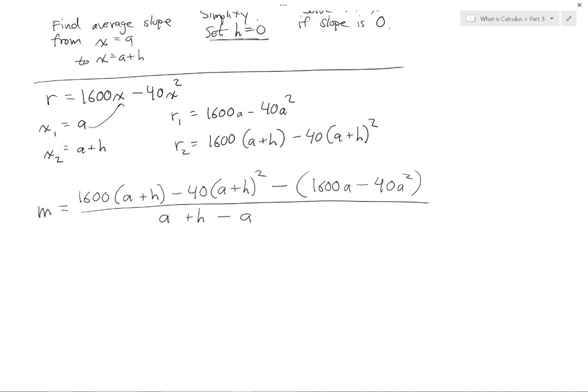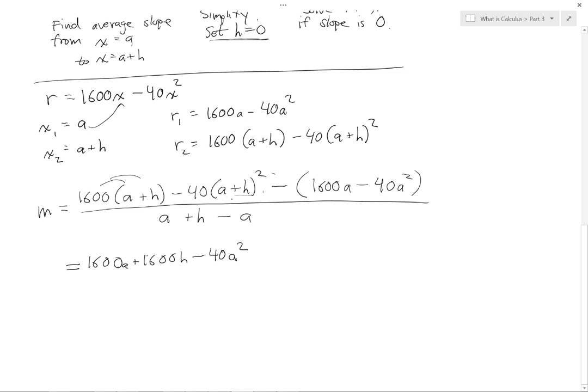All right, let's go ahead and see what this comes out to. Okay, so we can distribute the 1,600. That gets us 1,600A plus 1,600H. Now we can square the binomial here or use FOIL. A times A, so that's going to be A squared, and we're going to distribute the negative 40 to that.